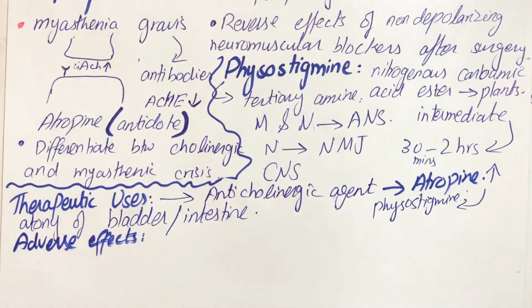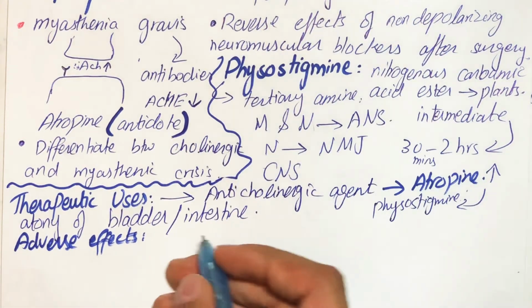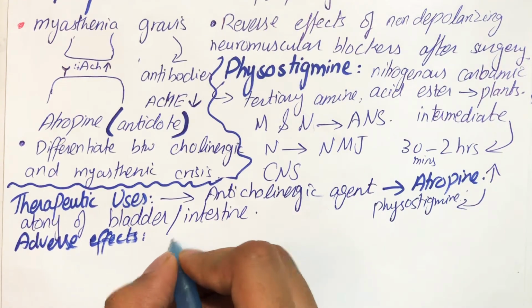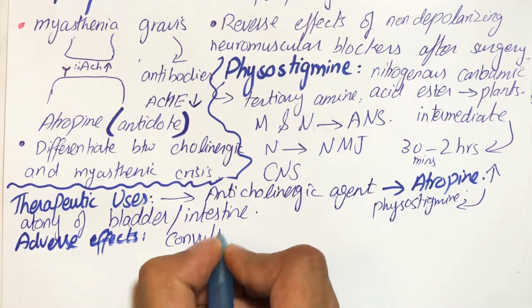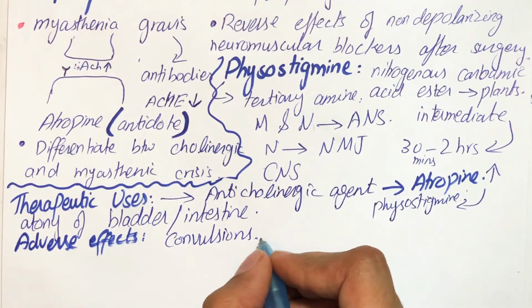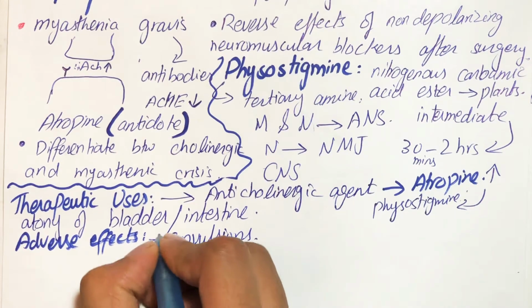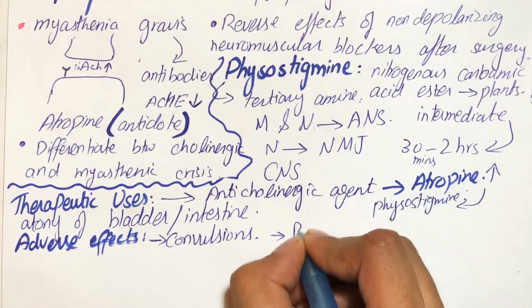As Physostigmine can cross CNS and go into the CNS, it can also cause some CNS adverse effects. So it can lead to convulsions when it is given in higher doses. Other than that, it can also cause bradycardia.